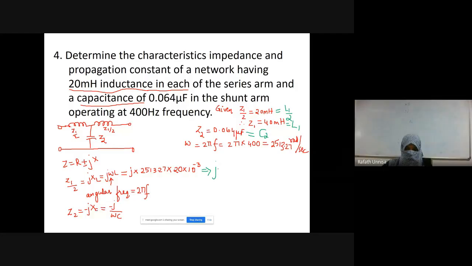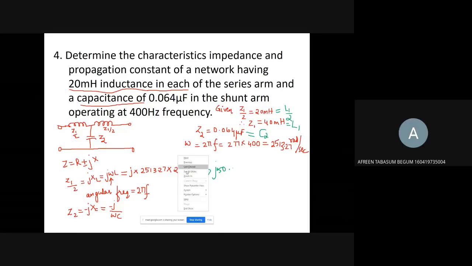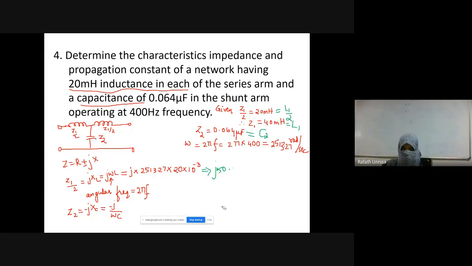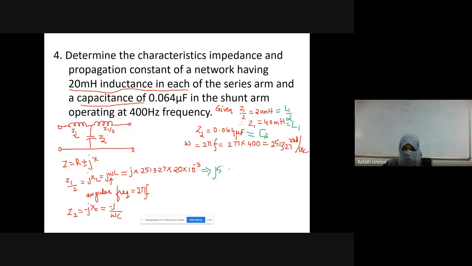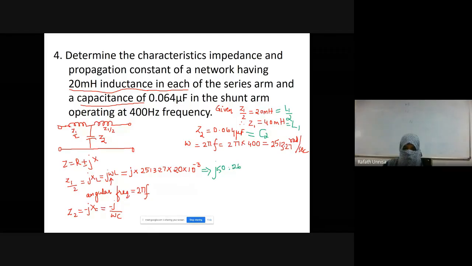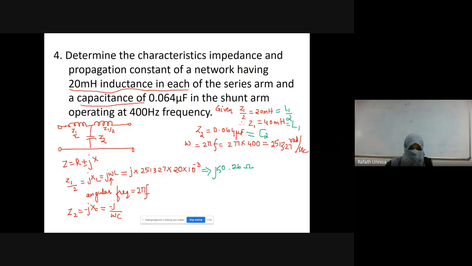I hope others are entering their answers in the chat box. 50.2654. Okay, 50.26 ohms. The unit of impedance is nothing but ohms.